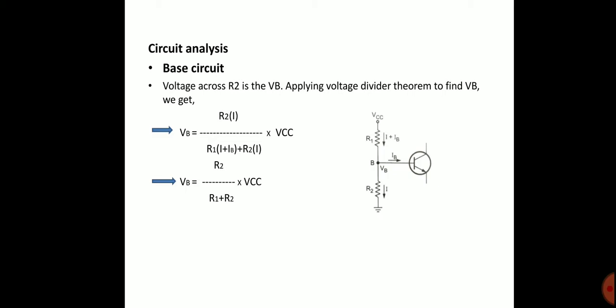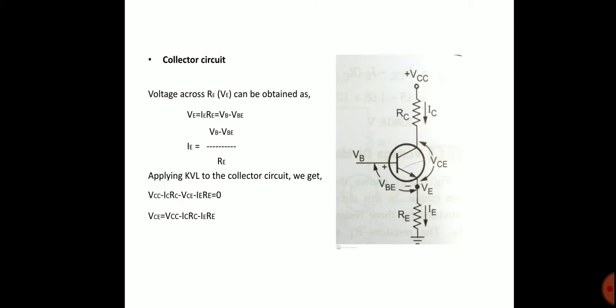Now we analyze the collector circuit side. The voltage across RE, that is VE, can be obtained. VE is equal to IE RE, which is equal to VB minus VBE. So IE is equal to VB minus VBE divided by RE.